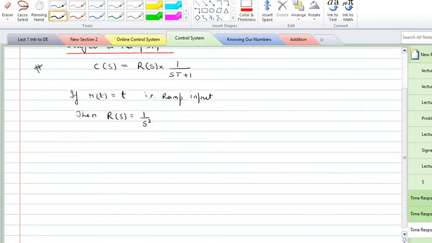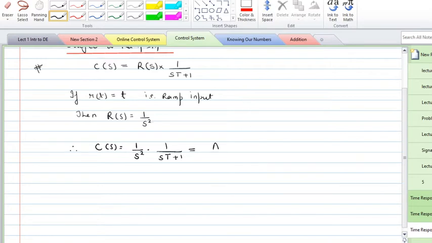Substituting this value of R(s) in above equation, we get C(s) will be equal to 1 by s square multiply 1 by Ts plus 1, separating in partial fractions.